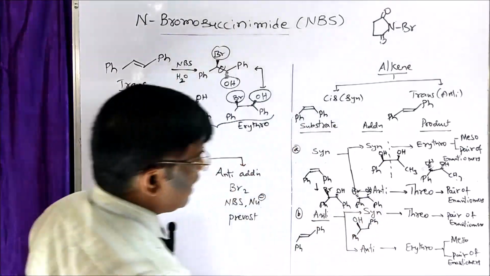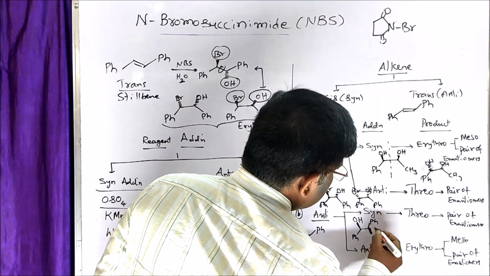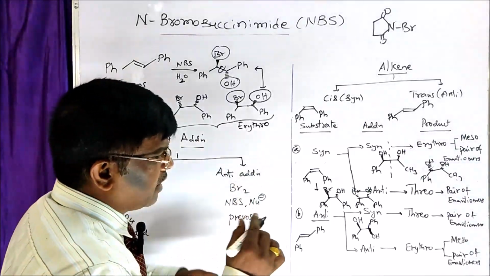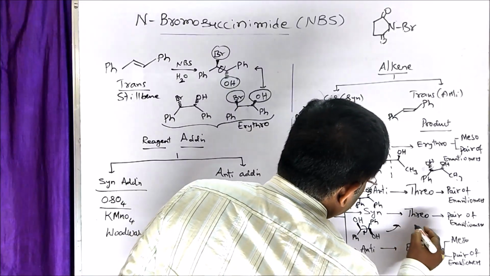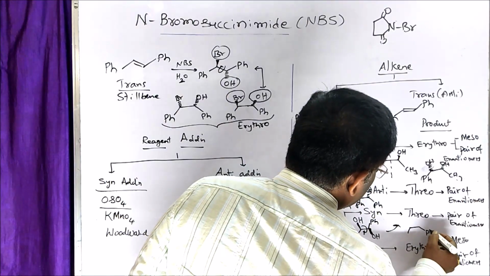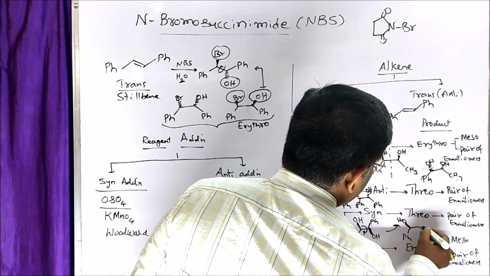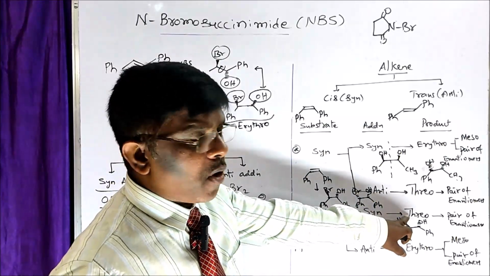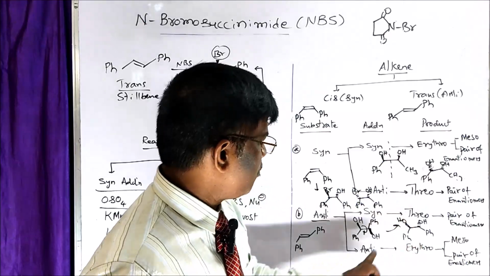Syn addition, OH, means both are coming from above the plane. When you rotate this C-C single bond, you are going to get this, here it is the same and here it is below the plane. So this is the threo product you are going to get. Anti starting material, syn addition, threo compound.